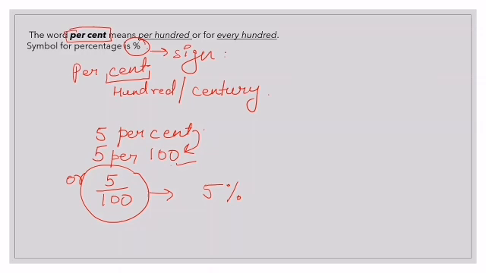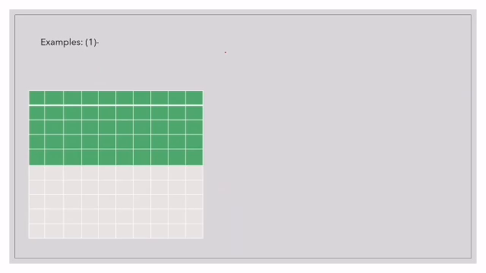Next, let us understand the percentage with the help of an example more clearly. Example number 1. Here, I have taken a square and I have divided this square into 100 small squares of equal dimensions.